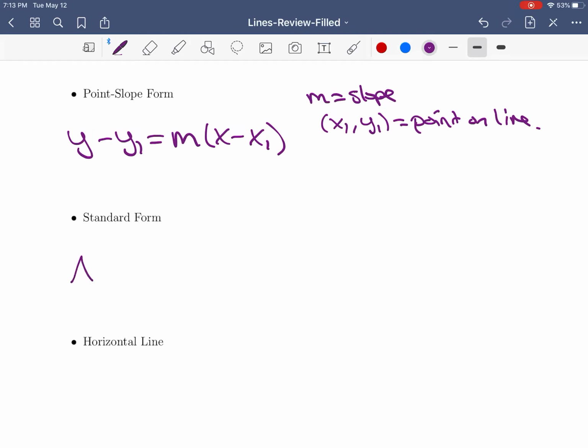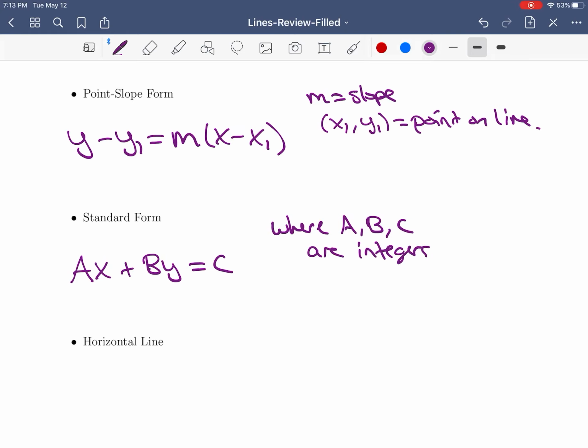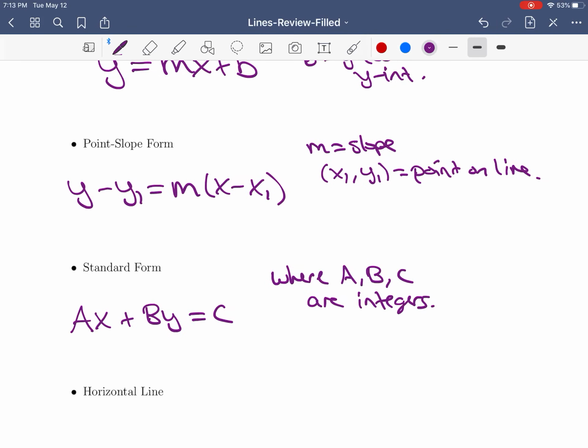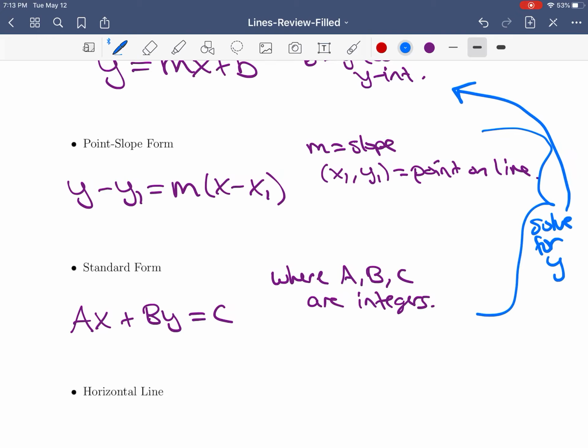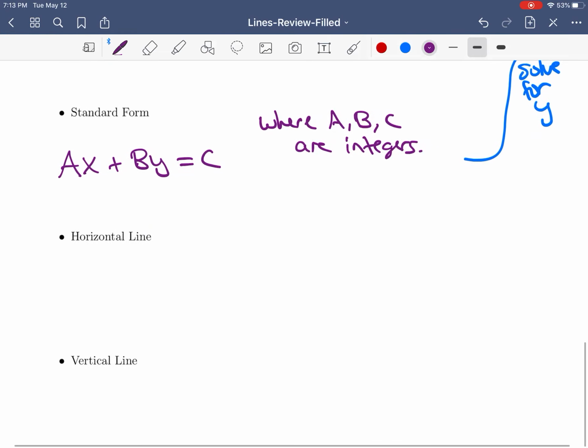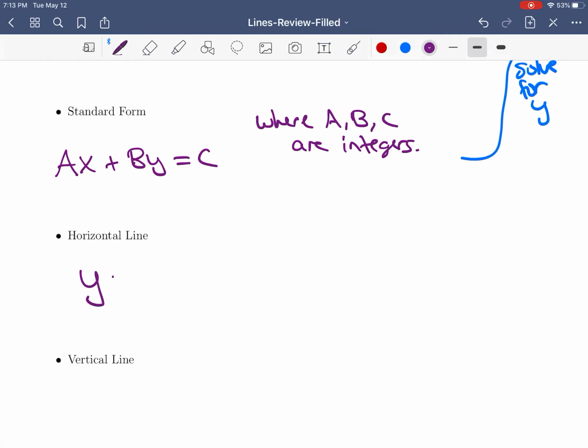Standard form is a bit weird and not very useful, but we say that it's ax plus by equals c, where a, b, and c are usually integers. It tells you nothing about the line really, but that's what it looks like. Now, if you take these two and you solve for y, it will put you into slope-intercept form. So you can always change into slope-intercept form, which is useful.